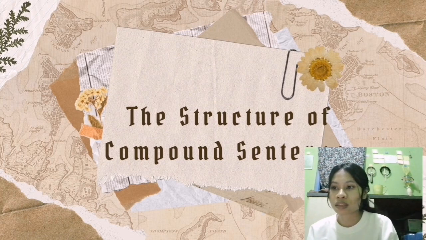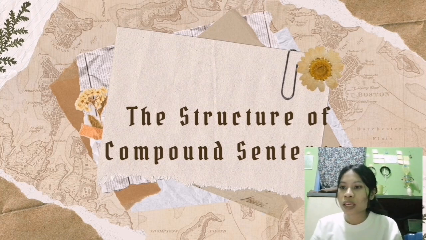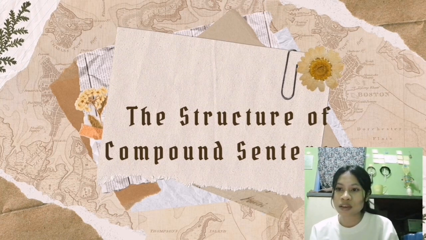Compound sentences are important because they show how two or more main clauses can be combined into a single sentence without creating a dependent relationship. Therefore, this section emphasizes a basic understanding of the definition and key concepts that distinguish compound sentences from other sentence types, such as simple sentences and complex sentences.